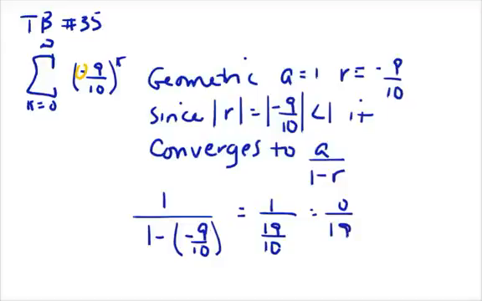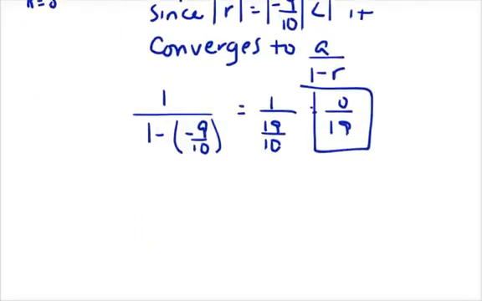So it's converging, but it's converging with alternating signs, and it's converging to this limit. So if you were to graph it, you would see something like this. It's converging from alternating signs.